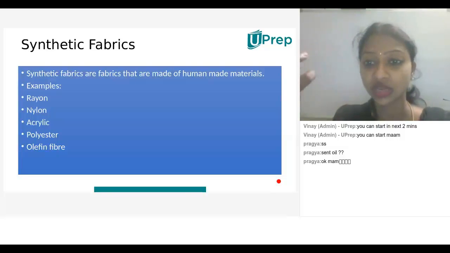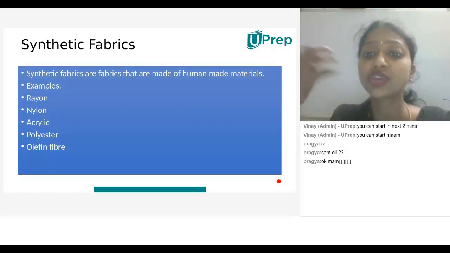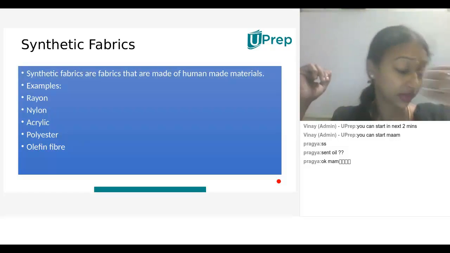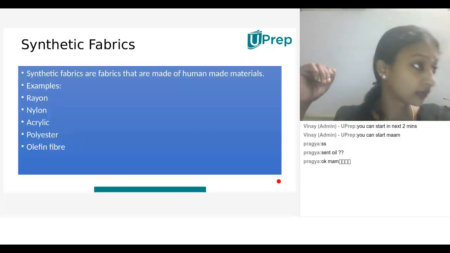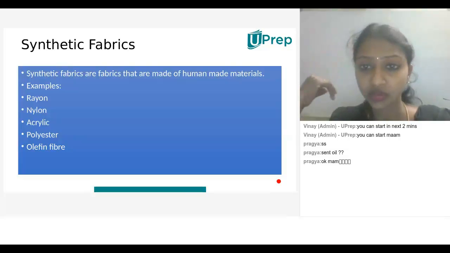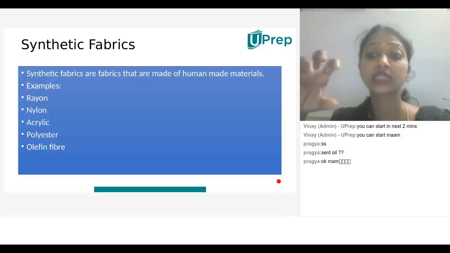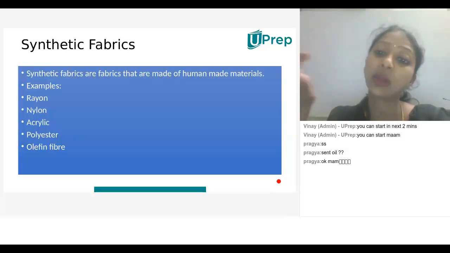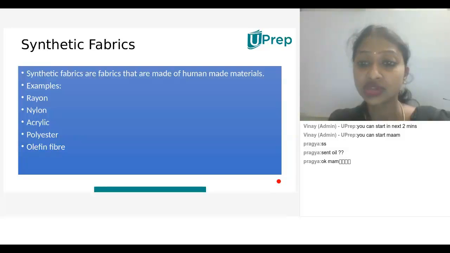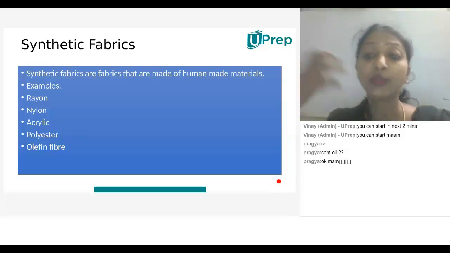So in order to reach the product to everyone, for each and every person to wear it, synthetic fibers are nothing but imitations of the natural fibers, isn't it? Yes, ma'am. They are the imitations of the natural fibers. When compared with natural fibers, the price of synthetic fibers is very much lower, with many more advantages.